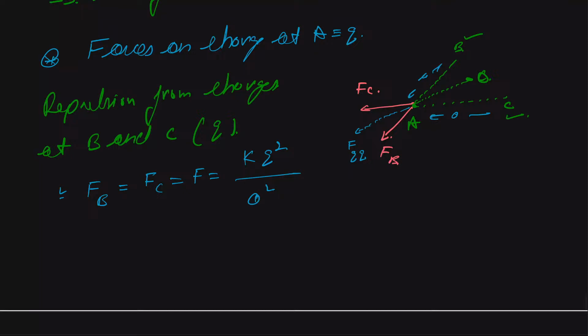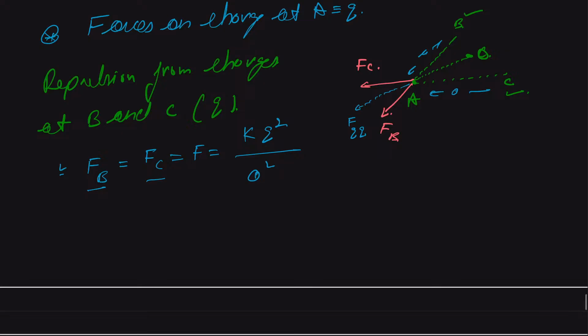And now we can find out the resultant, this FQQ, because of these two forces. The angle between the two, because this is a 60-degree angle, so obviously this will also be 60. So both are having a 60-degree angle and the magnitude of both is the same.